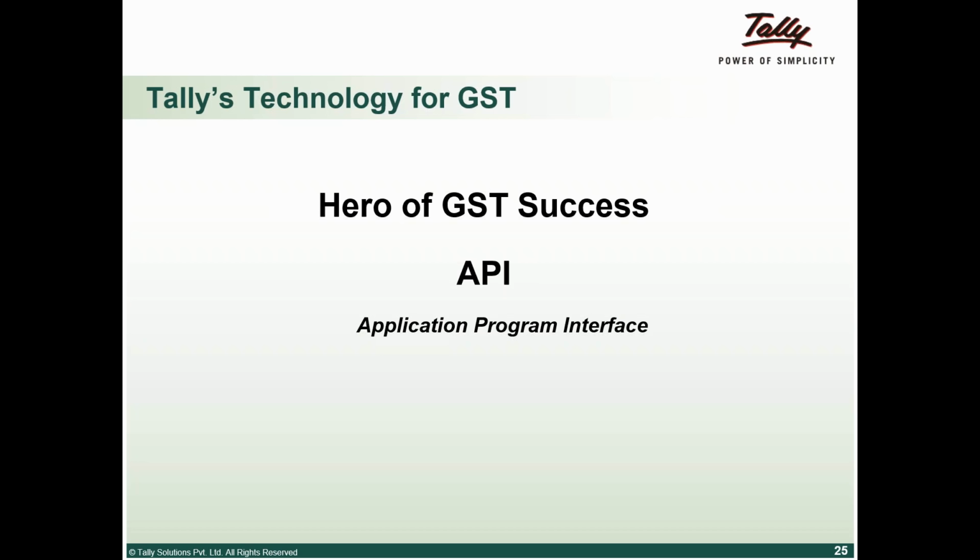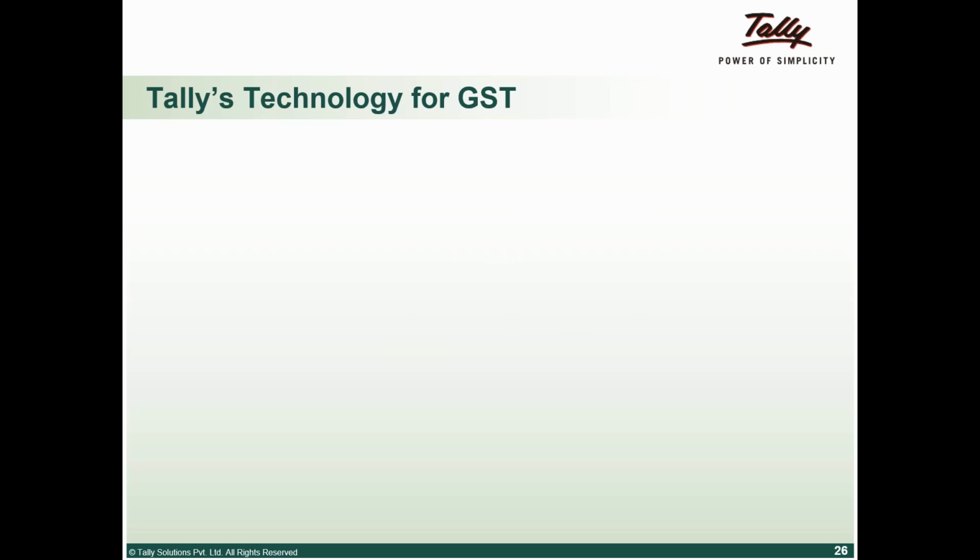These links or this interface can help software developers develop products in such a way that they can seamlessly communicate with the GST and ensure that the compliances are met as per the requirement of the law. This is a very, very important thing. This is going to be a major game changer in the technology world as far as Indian compliance is concerned going forward.